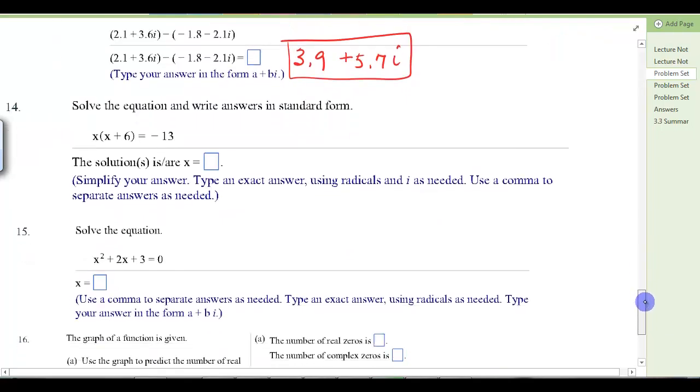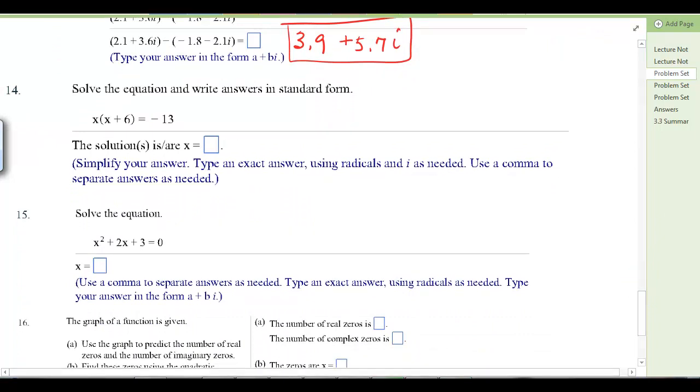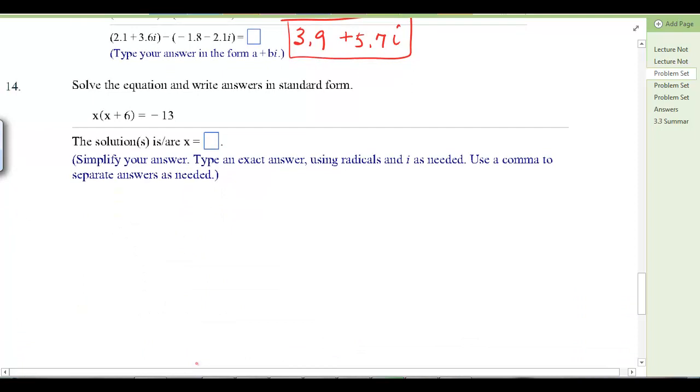All right, number 14 says to solve this equation and write the answers in standard form. So the first thing we need to do is distribute and kind of get that cleaned up. So let's do that business here and get the 13 over here. So we got x squared plus 6x plus 13 equals 0.